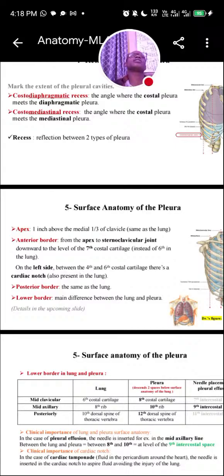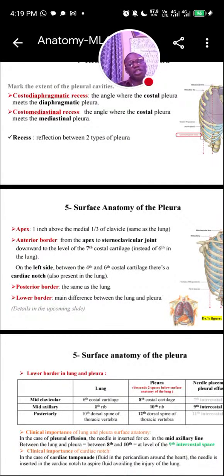So don't forget, the anterior border, we said, you talk about the sternoclavicular joint, you talk about the cardiac notch, 4th to 6th rib. Those are the things that you find in the pleura, 4th to 6th rib. So the lungs go from the 4th rib to the 6th rib anteriorly.